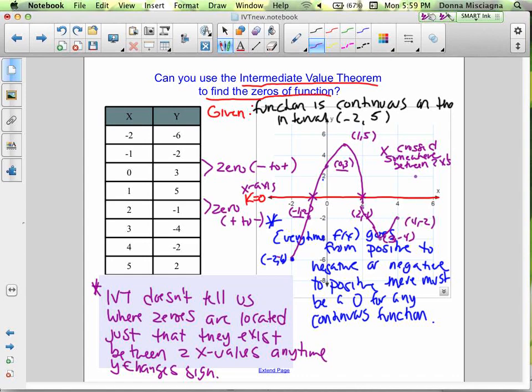But then notice we go all the way up here to 5, 2. So somewhere there has to be an x-intercept on that interval. Every time we change signs, there's going to be an x-intercept between those two x values. So right here again, we've got a 0. And that's how you can use intermediate value theorem to find zeros, or to establish that the zeros exist. It's actually an existence theorem for finding zeros.